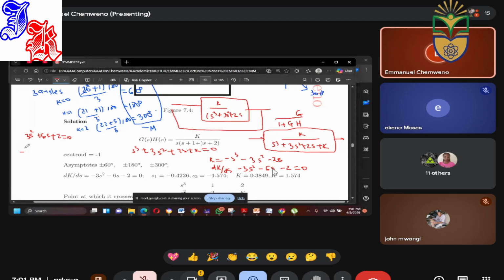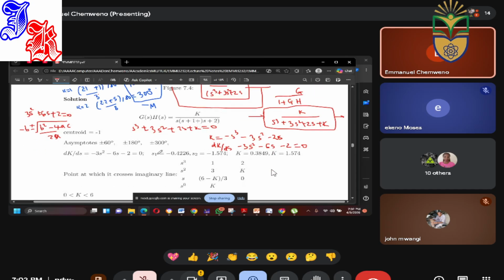Using minus b plus or minus the square root of b squared minus 4ac, over 2a. This will give me two roots. It will give me s is equal to negative 0.42 and s is equal to minus 1.574.